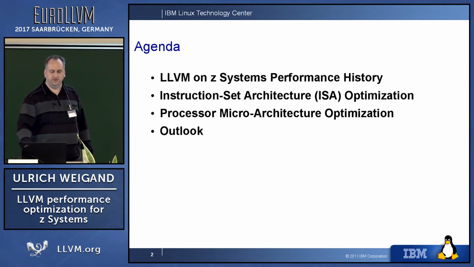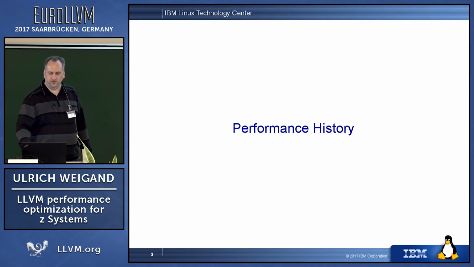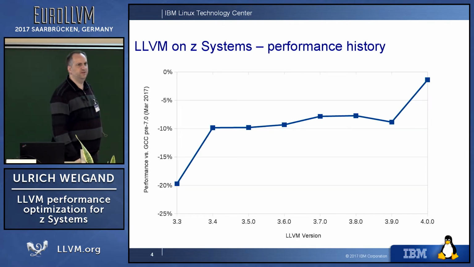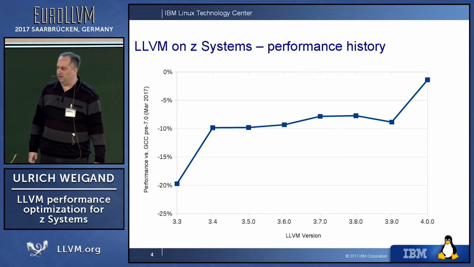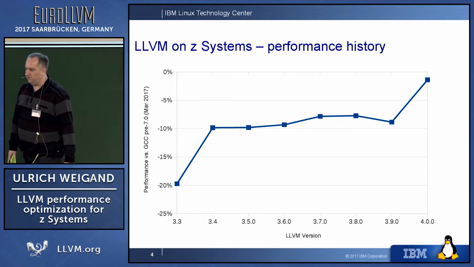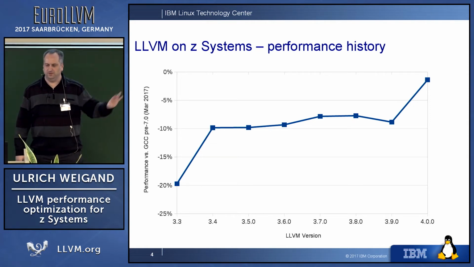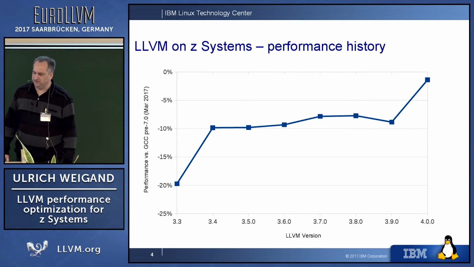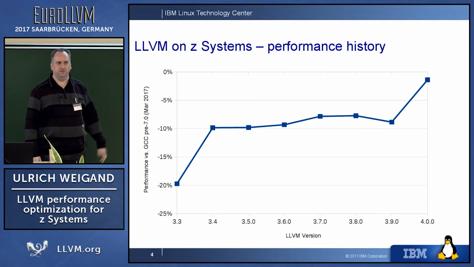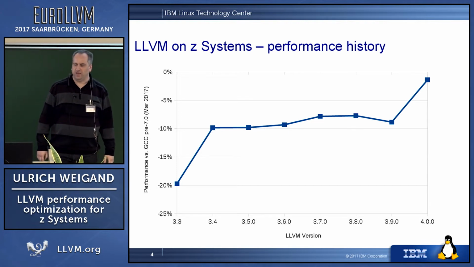But before going into details, first of all, why are we talking about that? That's pretty much because of this chart that depicts performance of LLVM on Z systems, or System Z. It doesn't say on the chart for various reasons, but that's just SPEC 2006 benchmark numbers.